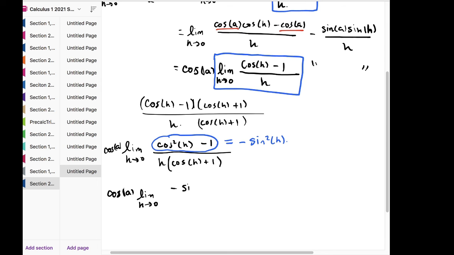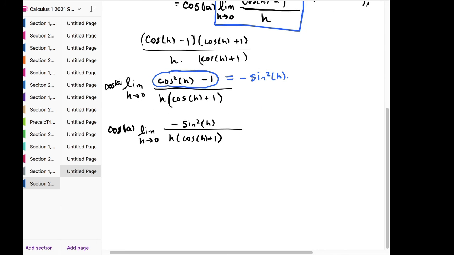Not that it really matters in this because something happens. Okay, how do I continue this? How do I continue solving this limit? I'm going to group something, right?